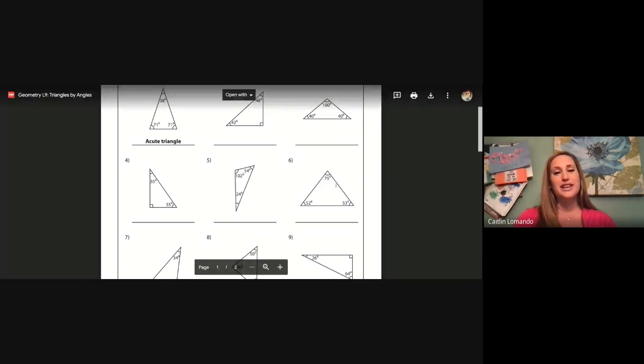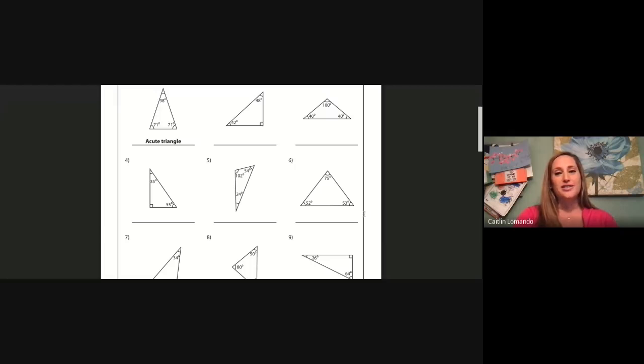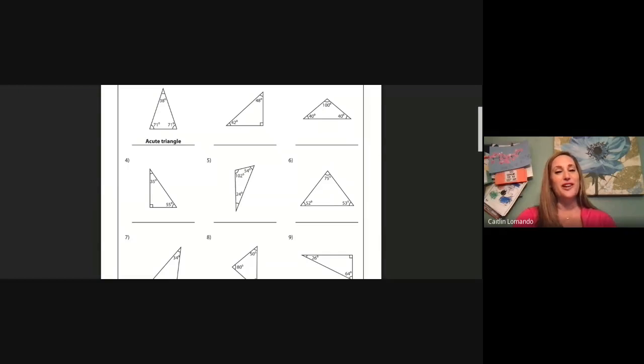Let's look at triangle number 6. We have three angles, all of which are less than 90 degrees. Does that make this triangle acute, right, or obtuse? Let's pause and discuss. If you guessed acute, you are right because none of the triangle's angles measure right or larger than a right angle. Let's look at triangle number 7.